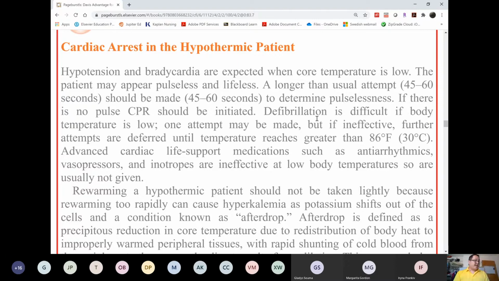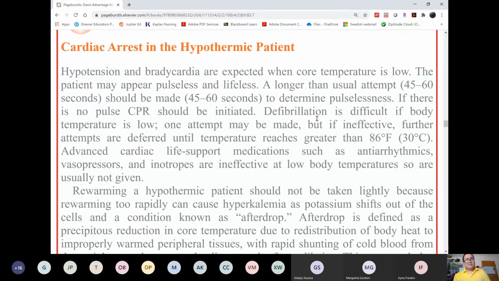When you do CPR and the patient's cold, you're not circulating warm blood, you're circulating cold blood, which is not very well oxygenated. So while you're rewarming the patient, you extend the time, because the principle is nobody's dead until they're warm and dead.